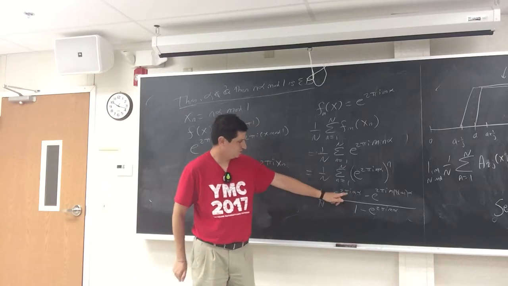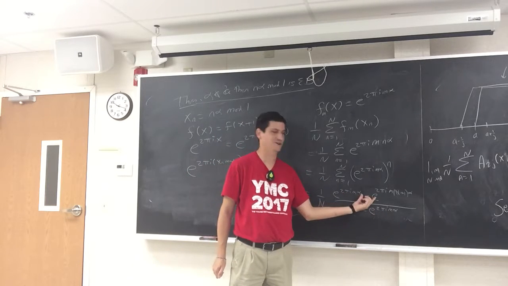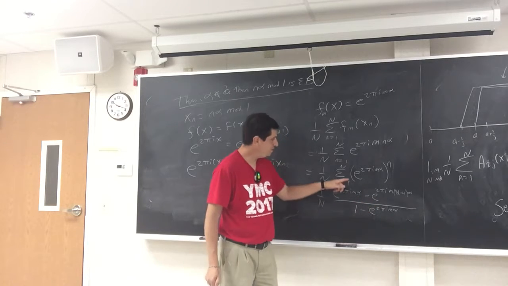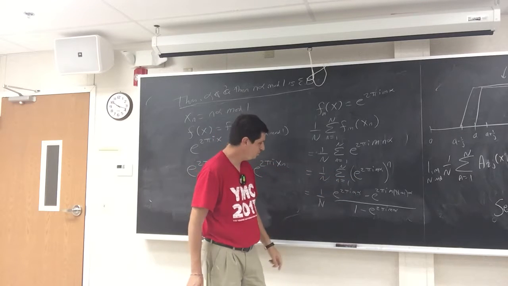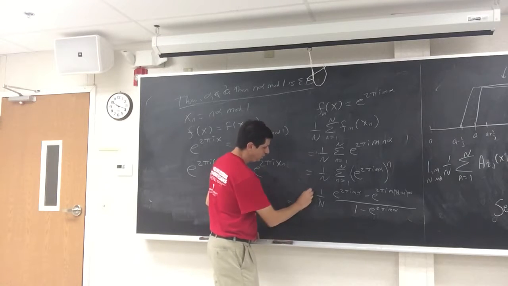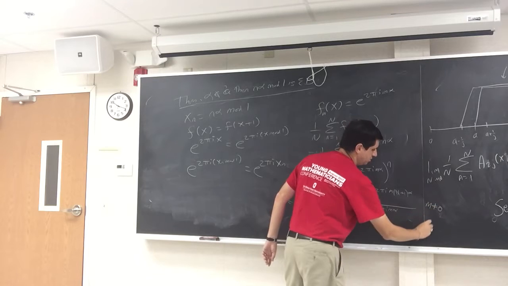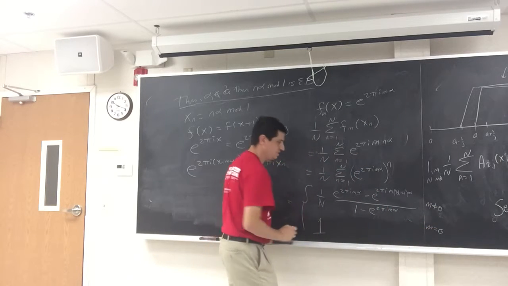Yeah, if m is 0, I've got a 0 in the denominator. But I've got a 0 in the numerator. So if m equals 0, what would it mean? Well, then every term is 1. So it's equal to this if m is not 0. And if m is 0, it just equals 1.